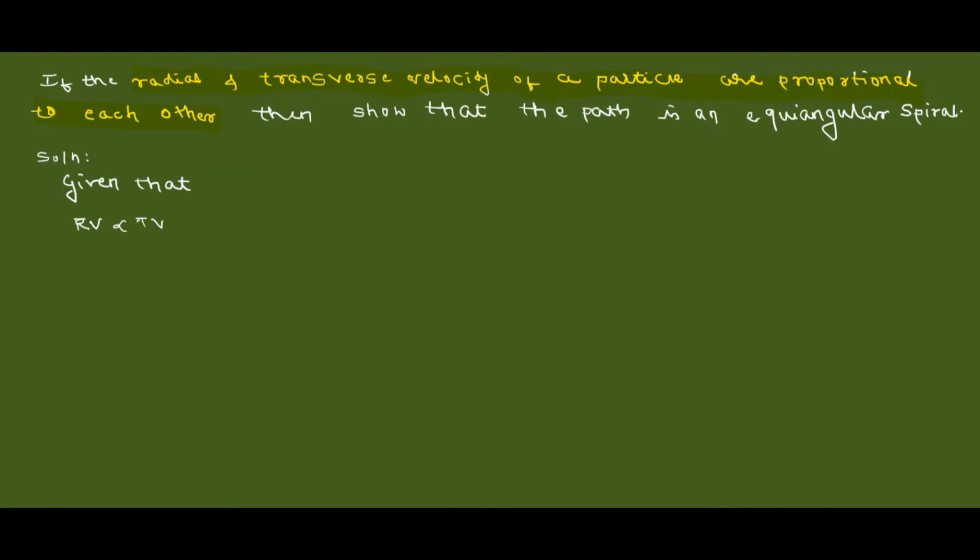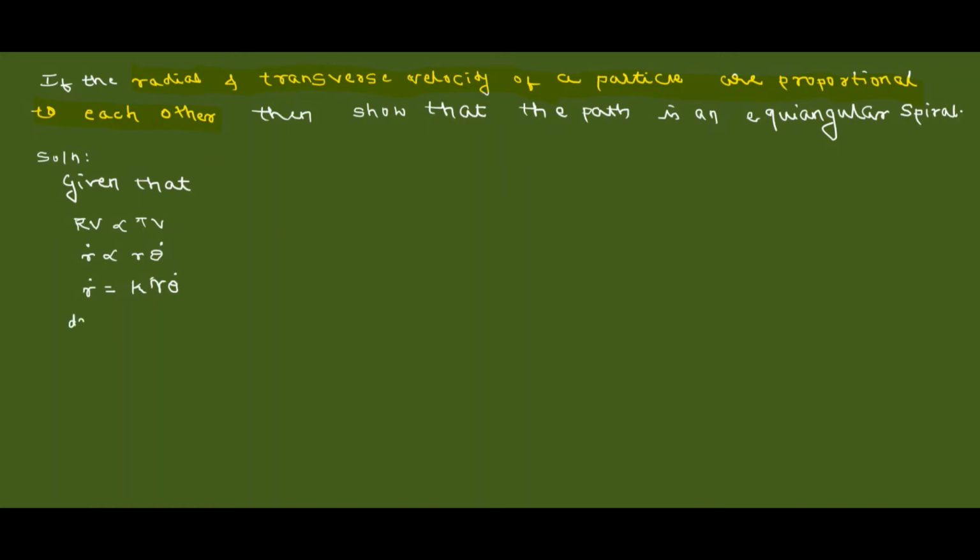RV means radial velocity and TV means transverse velocity. So what is the formula for RV? RV formula is r dot, that is proportional to TV formula, which is r theta dot, and the same term we can write as r dot is equal to k into r theta dot.